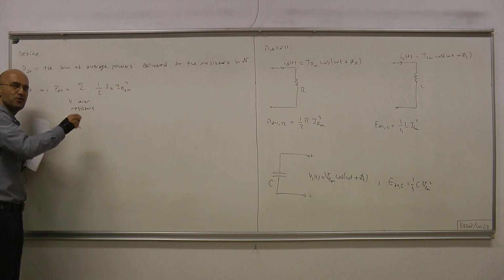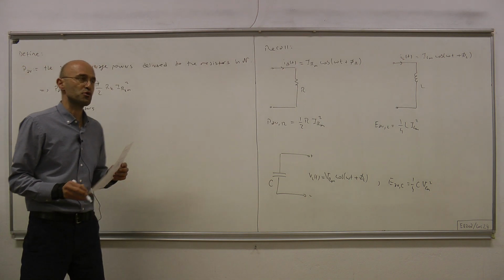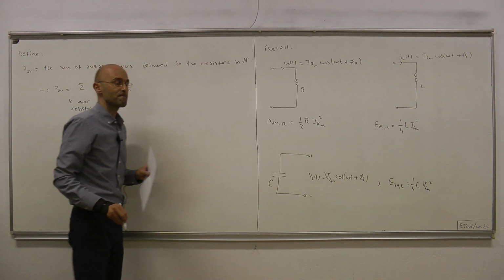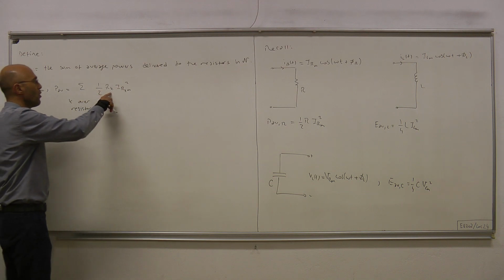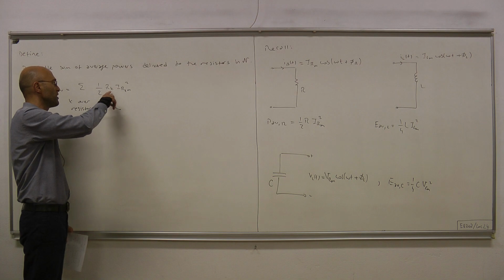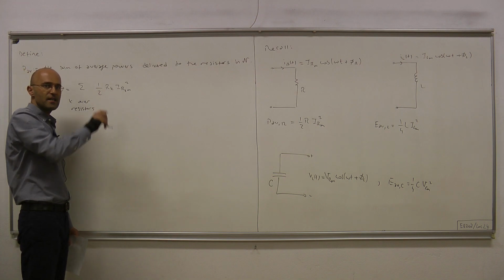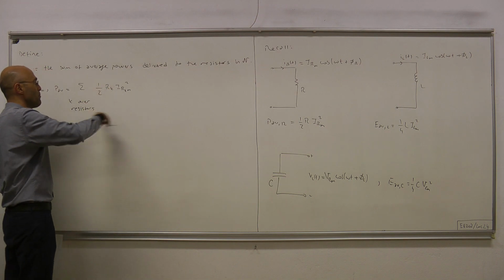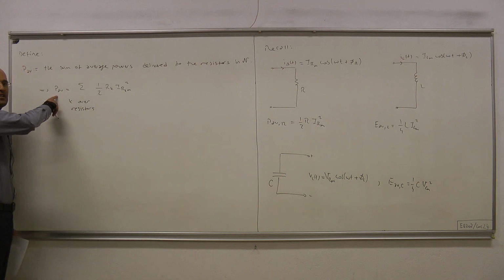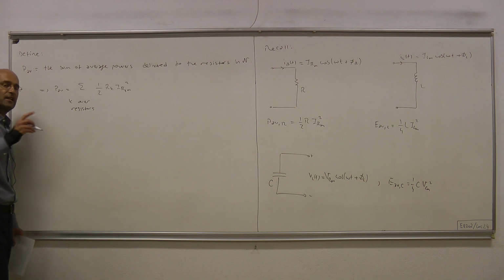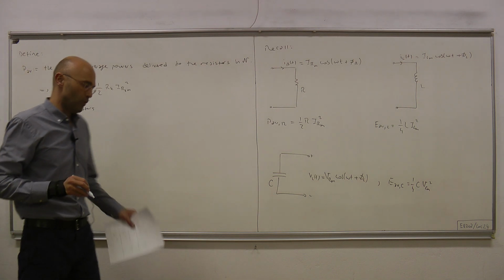Which resistors? The resistors inside our one-port circuit N. Once again, you go resistor by resistor, take each resistor's average power, and sum all those average powers, and this number is the average power associated to the one port.